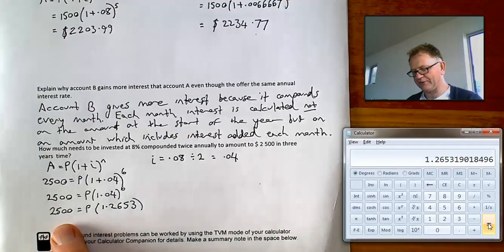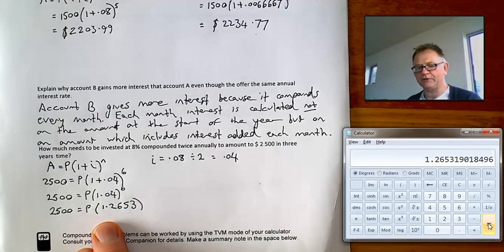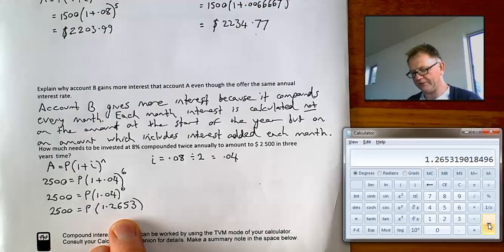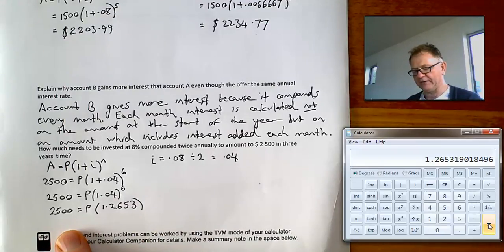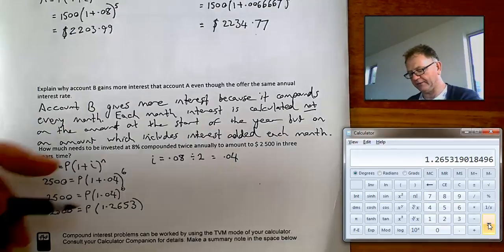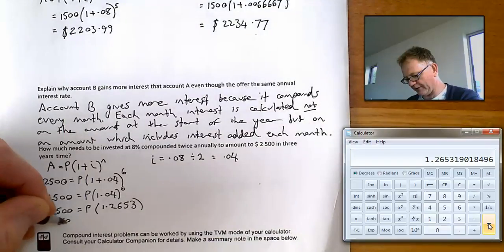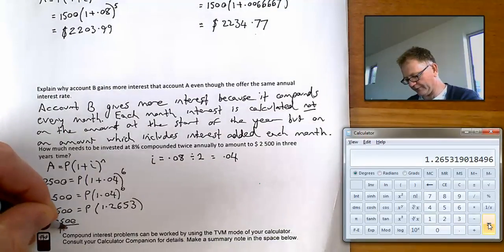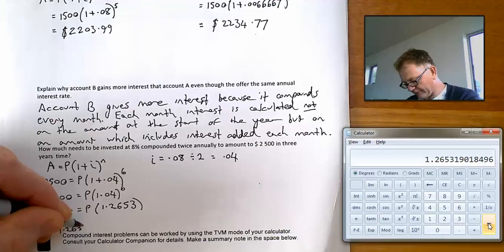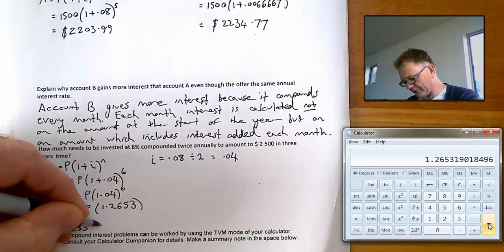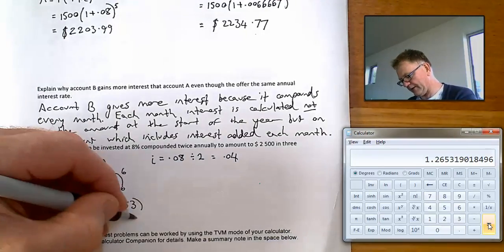Okay, 2,500 equals P times 1.2653. So what I'll do is I'll divide both sides by 1.2653 to get P by itself in the equation. 2,500 divided by 1.2653 equals P.